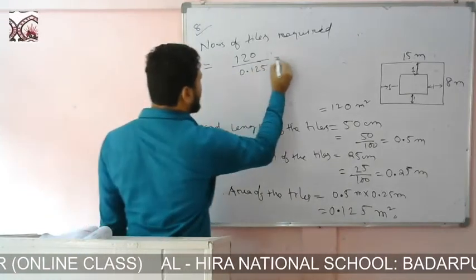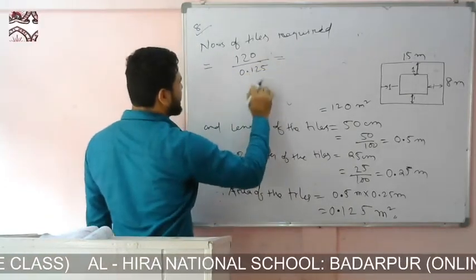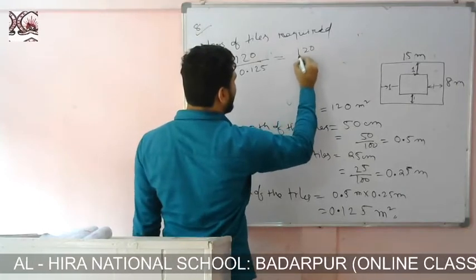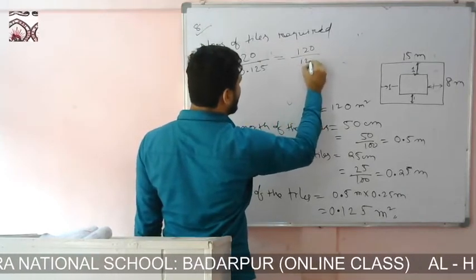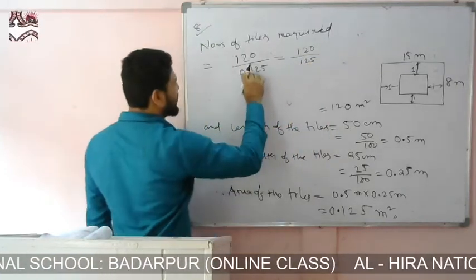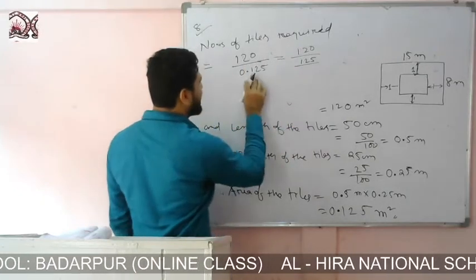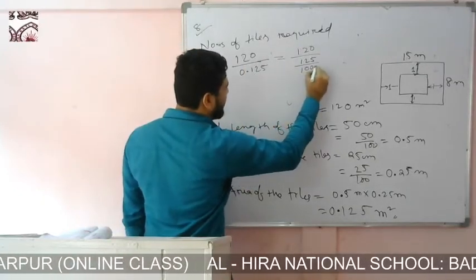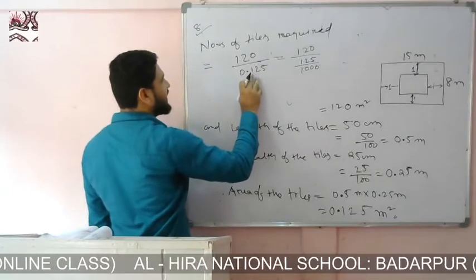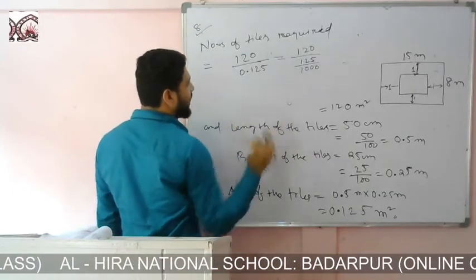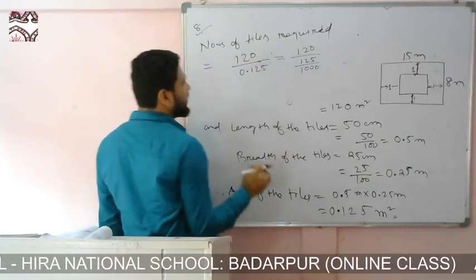So we have to remove this decimal. You just remove this one and divide by 1000, because there are 3 digits after the decimal. Then the point will be removed.